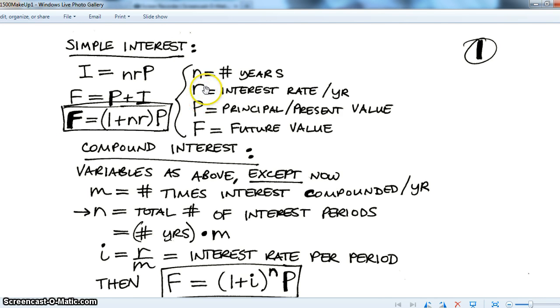Now for compound interest, this is slightly different, and somebody pointed this out after class actually, that the N for the simple interest here is not quite the same N as for compound. The N here for simple interest, just think of it as the number of years, whereas for compound interest, it's really going to be the number of interest periods, so the number of times over which it's going to be compounded.